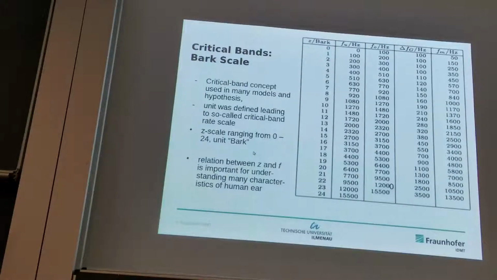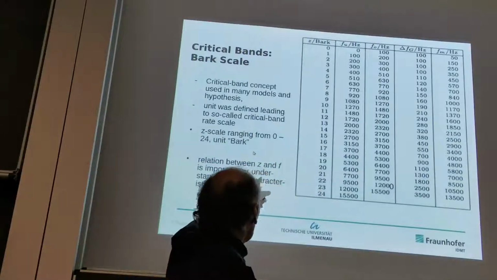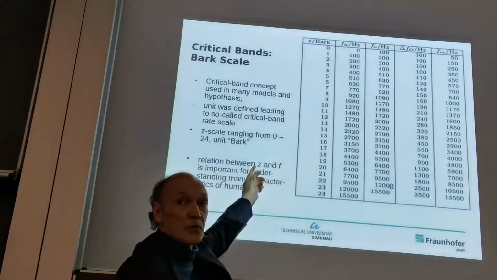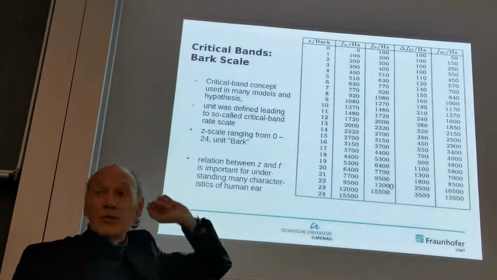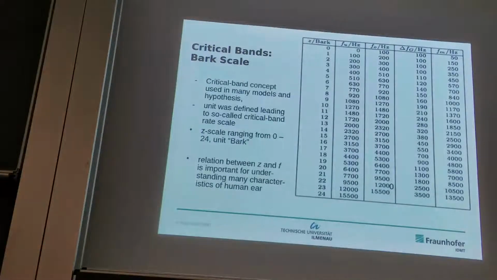So the Z scale is the Bark scale, and you need a relationship between Z and frequency f, between Bark and frequency in kilohertz. And similar to what we just saw for approximating the threshold in quiet, now we need a formula to map between frequency and Bark, to basically be able to simulate those non-uniform bandwidths of the ear.